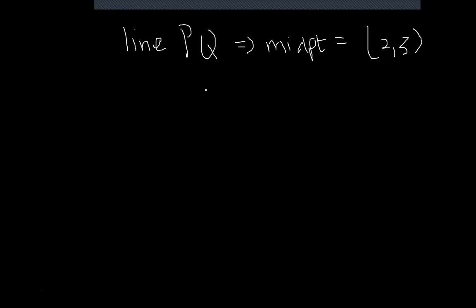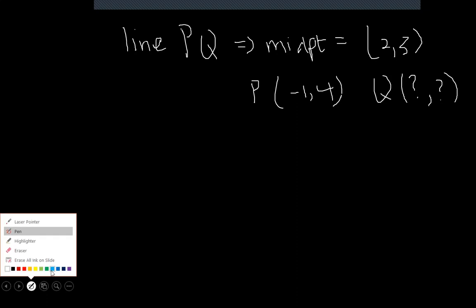And they told us that P has the point -1, 4. But we need to find what Q is. What's the coordinates of Q? We have no idea. And that's what we're trying to find out.